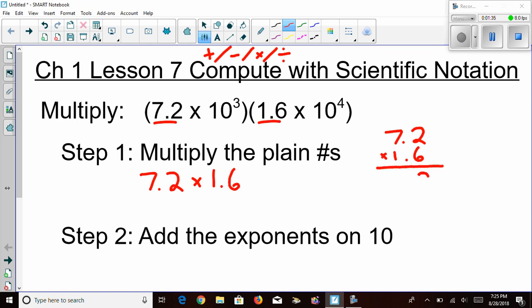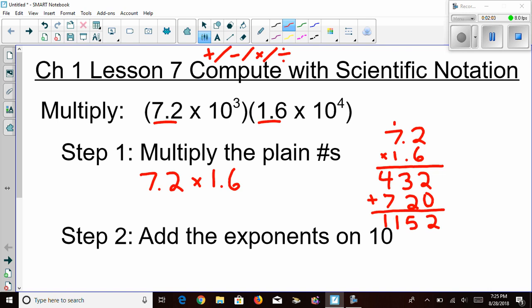6 times 2 is 12, carry the 1. 6 times 7 is 42 plus 1, which is 43, so 43. I need a placeholder of a 0. 1 times 2 is 2. 1 times 7 is 7. And when I add these pieces together, I get 2, 5, and 11.